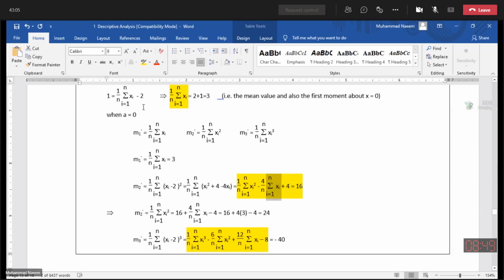This term we have just calculated above. This term together with n is equal to 3.